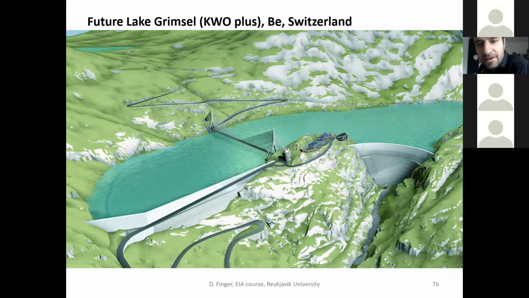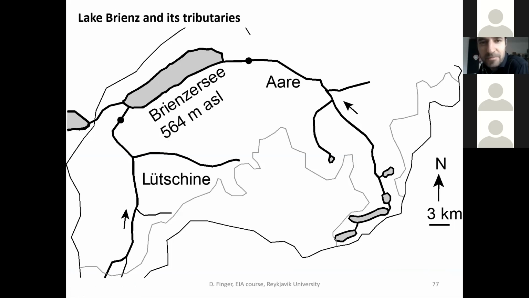They made a nice picture here and presented it as something that is really sustainable, with the tourist information here and so on. And here's a picture of it. So here you have the hydropower system with in total 7 reservoirs that were built, and the Grimsel reservoir would have been increased by 23 meters through this project.